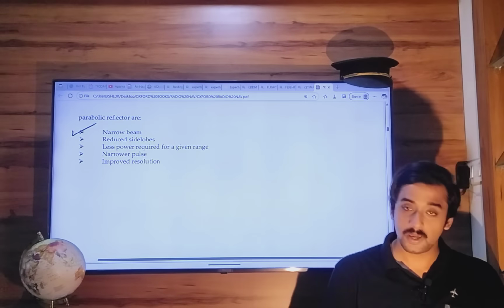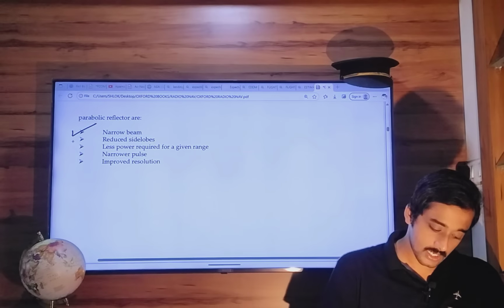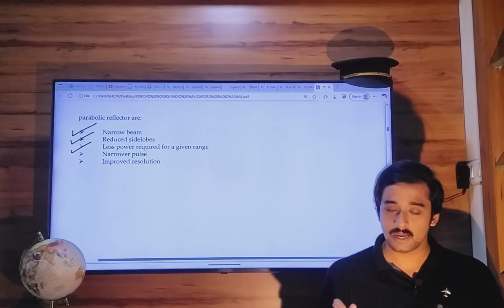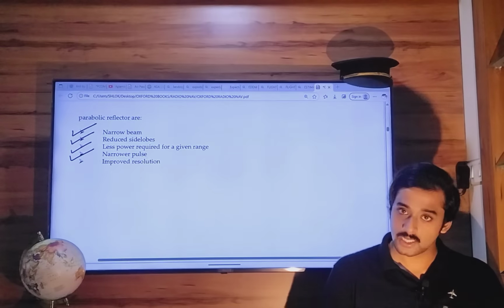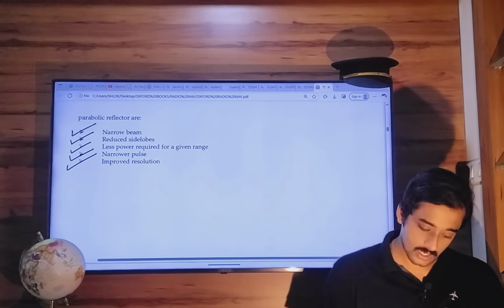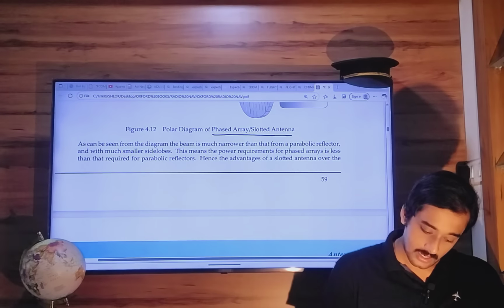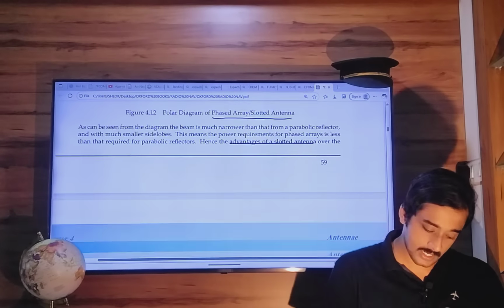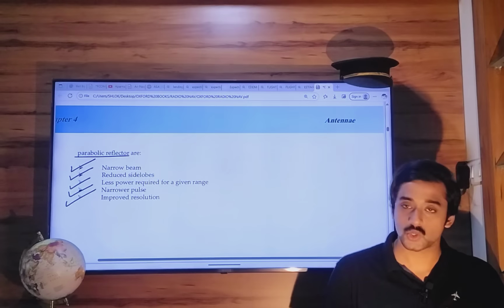It has a narrow beam width, it has reduced side lobes, less power required for a particular range, narrow pulses, improved resolution. So, hence the advantages of a slotted antenna over parabolic reflector are so and so.